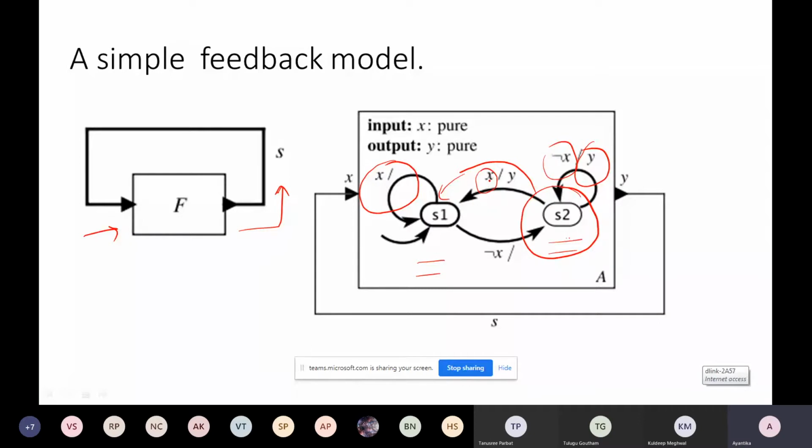What is important to notice is that at this state you are generating the output Y. That's why we are considering the notion of synchronous reactive: your model is reactive according to the tick. And in the next state, that output is basically acting as an input to your state S1.